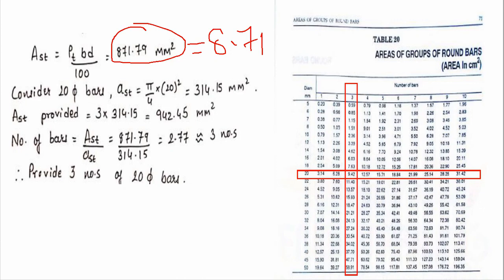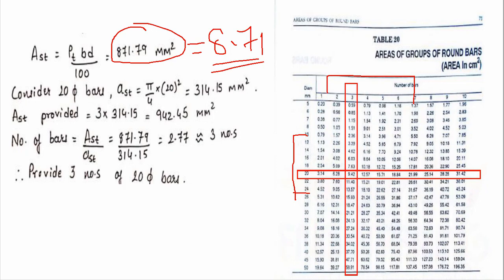We need to find a value that is nearest above this. We can't provide less than 8.71; if we provide an area less than 8.71, the structure will fail. So we need to provide a value greater than 8.71. Looking into this range, from 12 to 24 mm and between 2 to 6 bars, we refer to this matrix.